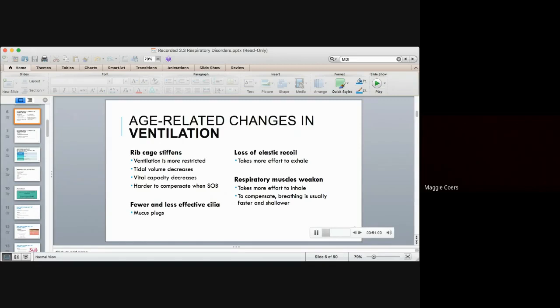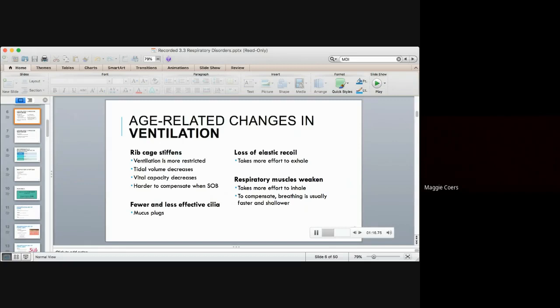So the cilia, as you remember, just some of your pathophys stuff, are hair-like extensions, and they really line and form our bronchial cells, and they help you move mucus up the airway to get it out. So when someone coughs, that cilia can kind of help move that mucus up so the person can cough things out better.